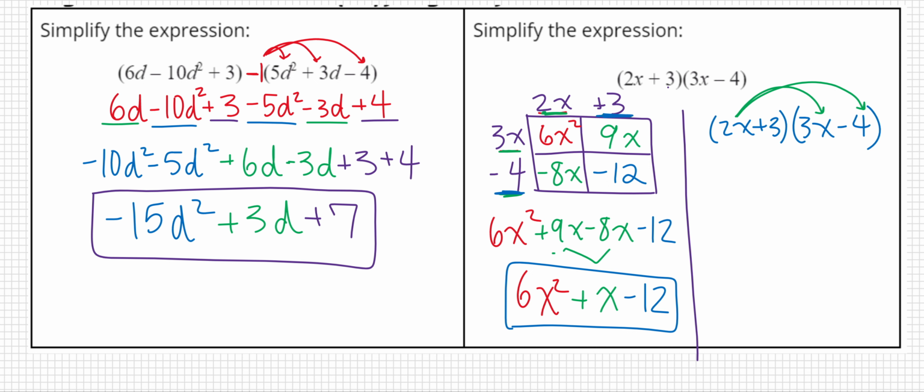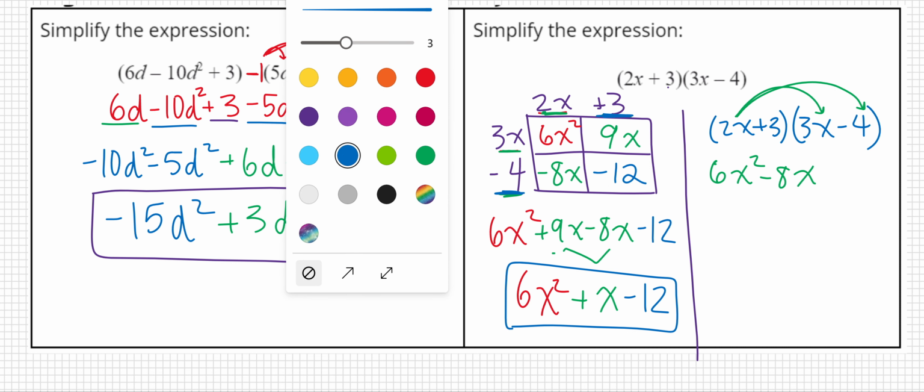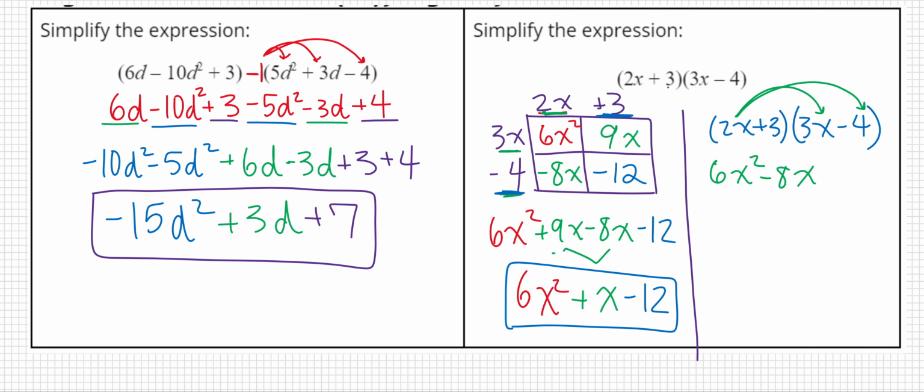So 2x times 3x would be 6x squared. 2x times negative 4 would be negative 8x. Then I draw arrows from the second term in the first parentheses, which is this 3, to each of the two terms on the right, and multiply those pairs as well. So 3 times 3x is positive 9x. 3 times negative 4 is negative 12.